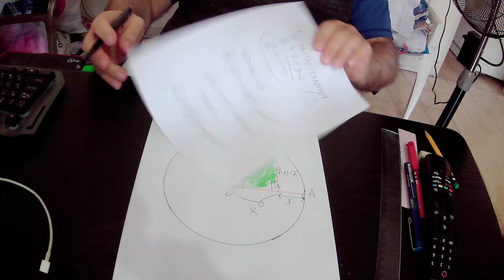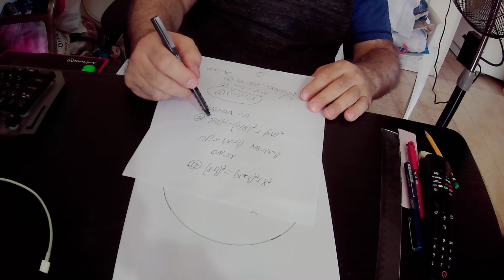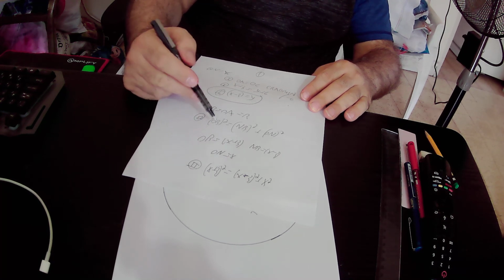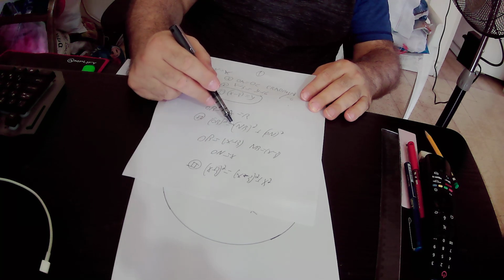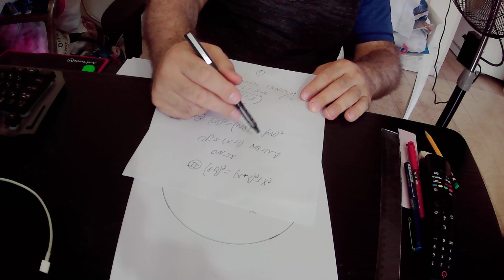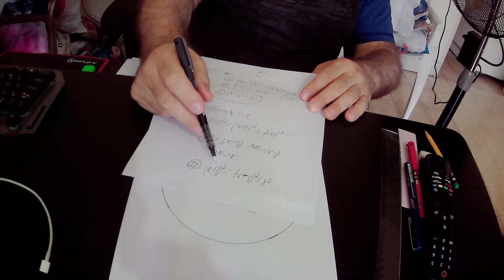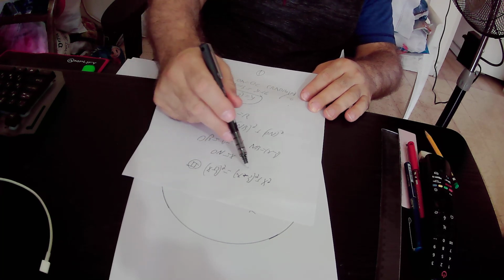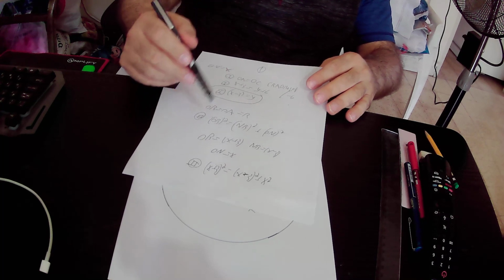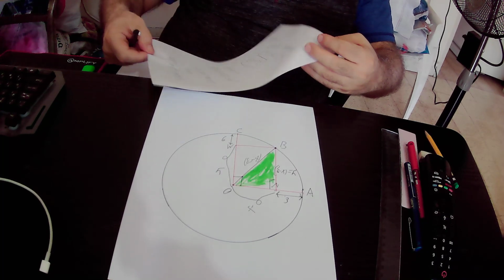Here in the second equation we substituted OB by x plus 3, NB by x minus 3, and NO by x. So we got that x plus 3 square equals x minus 3 square plus x squared. Now we will open the brackets in the second equation.